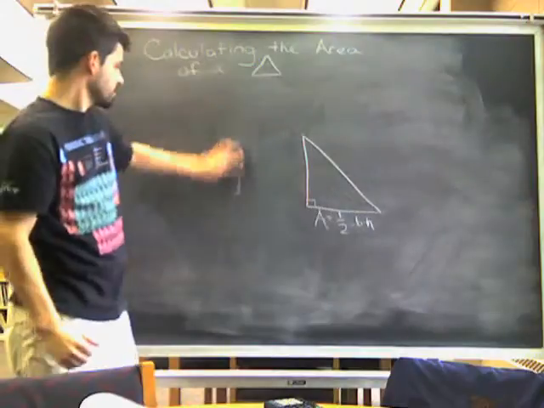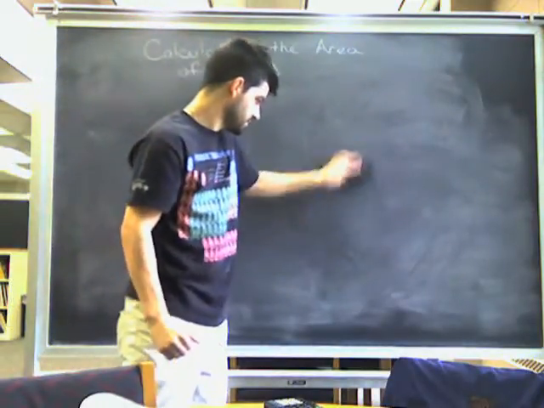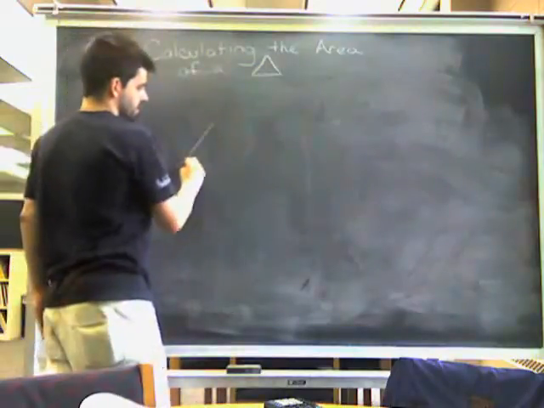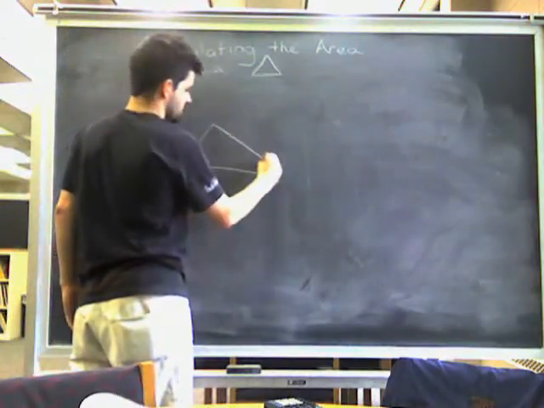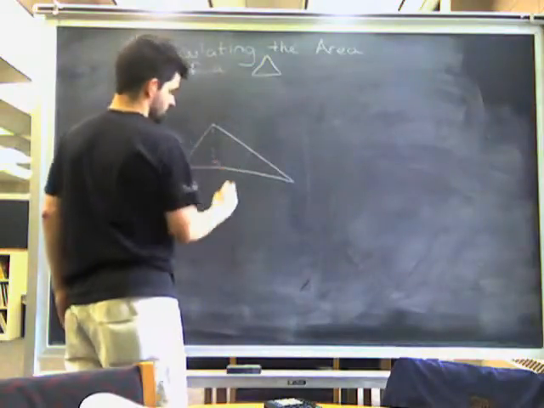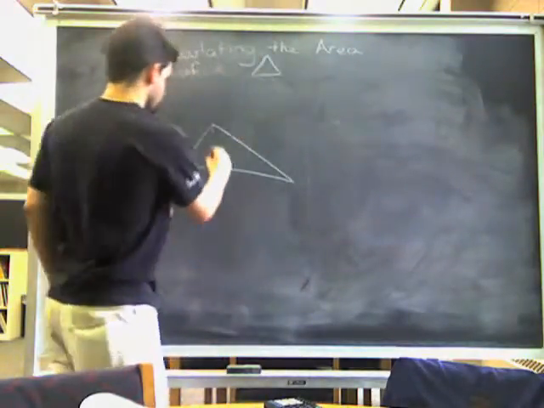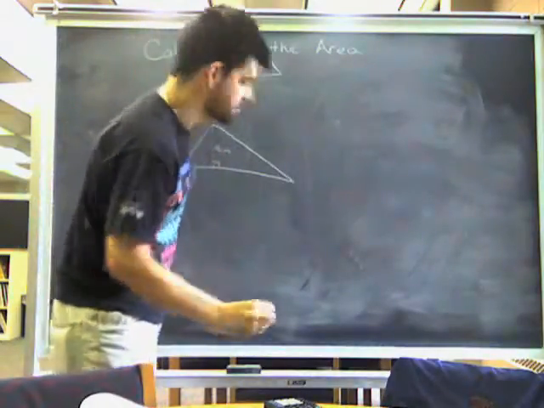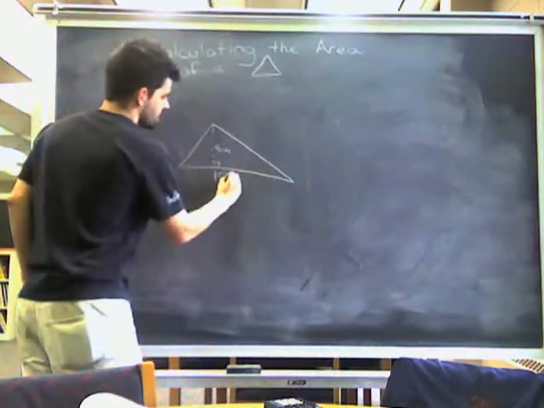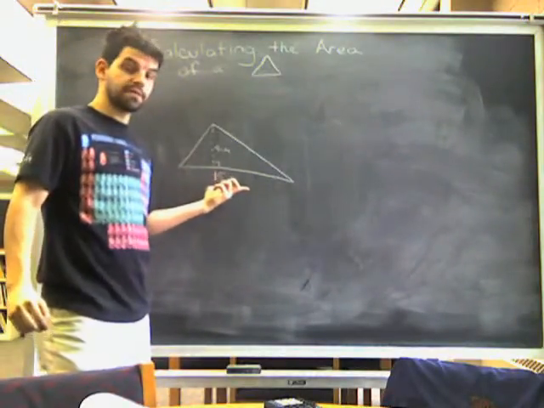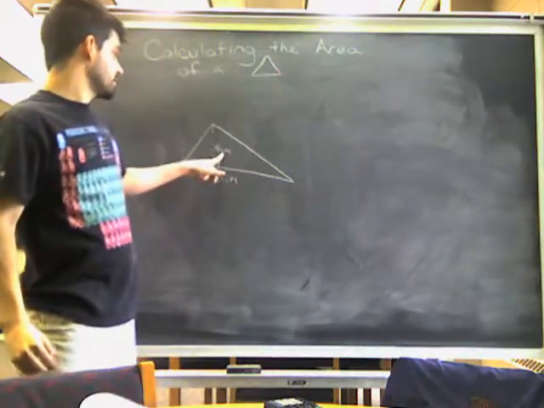Alright, so let's look at an example here. Let's take a look at this triangle here. I have a triangle with a base of 15 and a height of 4.